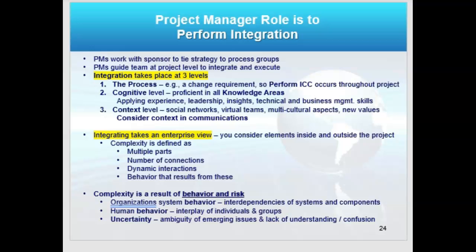And the context level, where you understand the virtual team, the cultural aspects, what you're trying to deliver, and how you communicate it. At the process, cognitive, and context level, you are integrating the project to take an enterprise view, a big picture view, as well as your focused deliverable view. There's complexity in both behavior. There's risk involved, and we have to be aware of that.